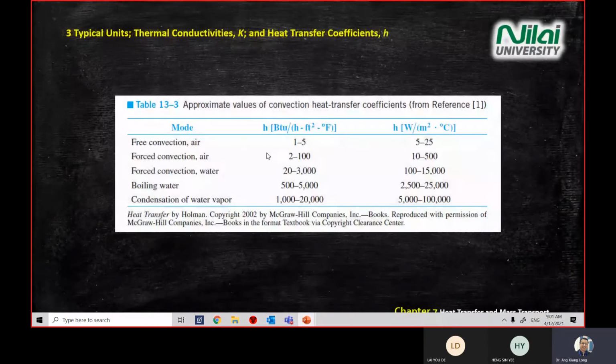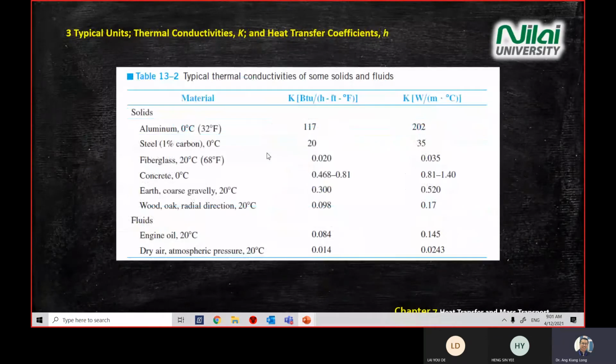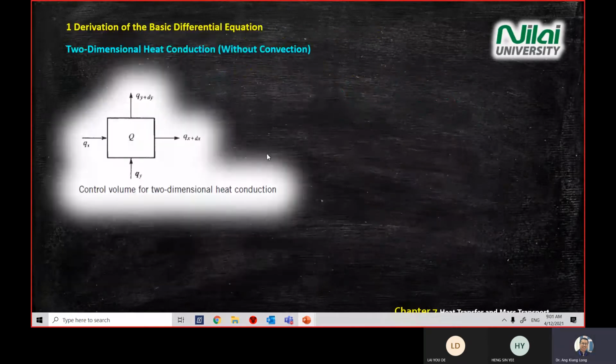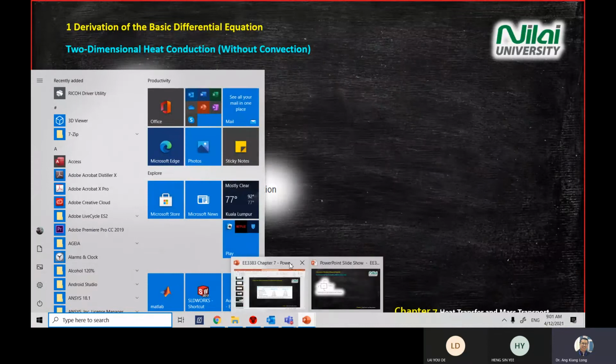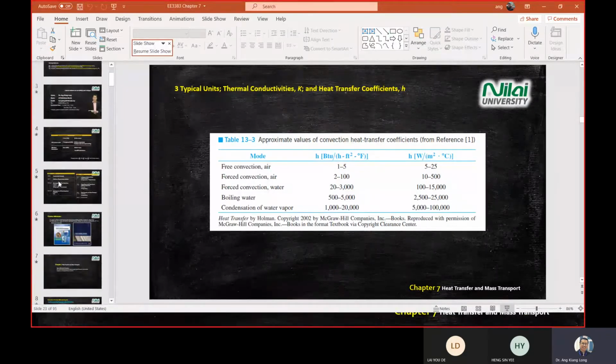Okay, just now we stopped at this tree table. Just to run through, what did we cover just now?